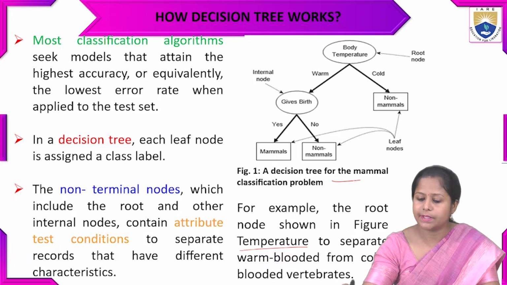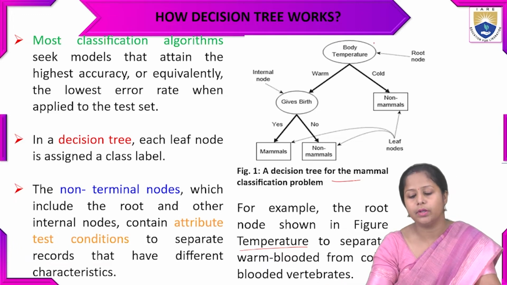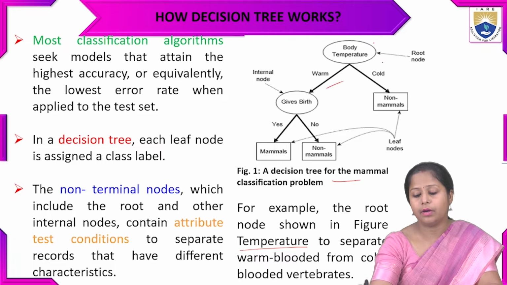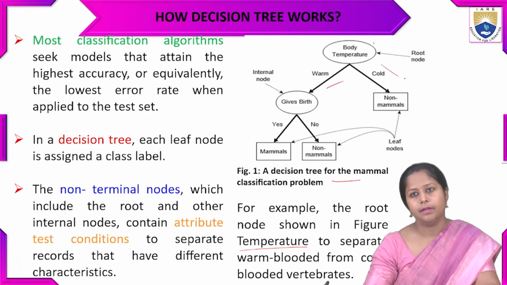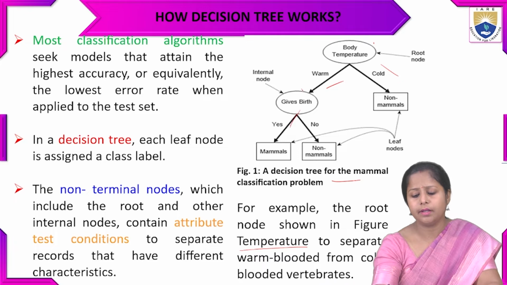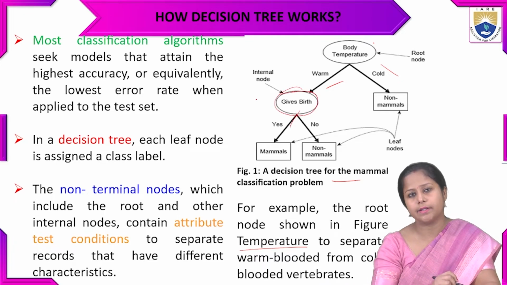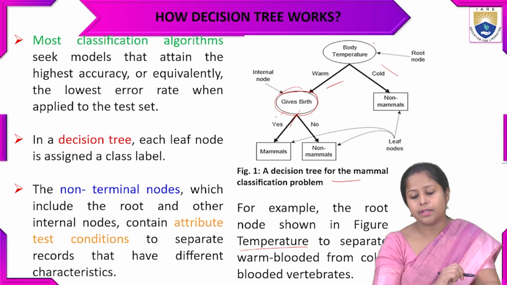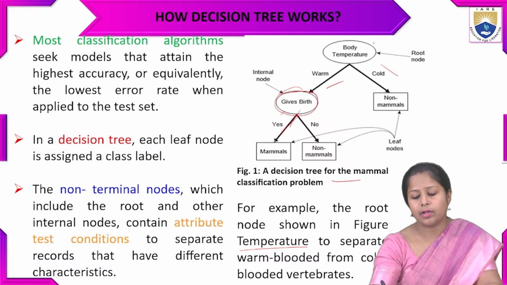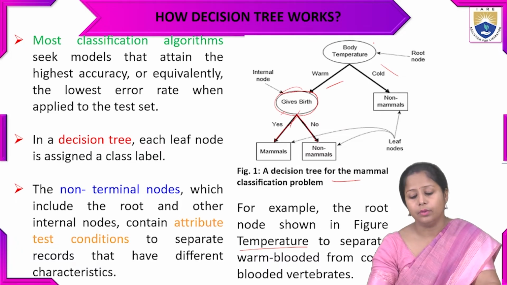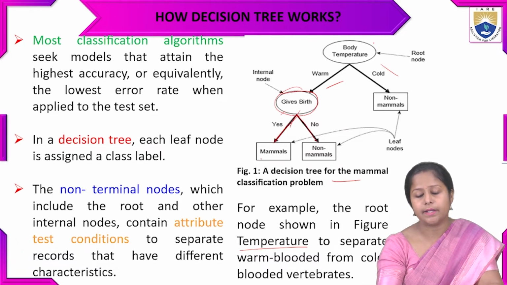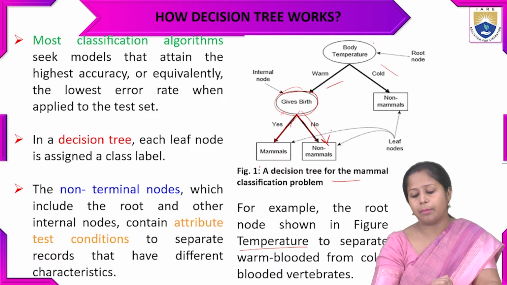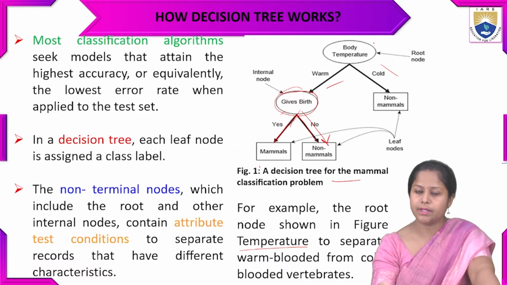Here, body temperature is the root node, which is divided into warm-blooded and cold-blooded. Then there is one internal node, gives birth, which is classified into yes and no. If it gives birth, it is a mammal. If it does not give birth, it is a non-mammal. So like this, the classification will occur. That is the classification model.